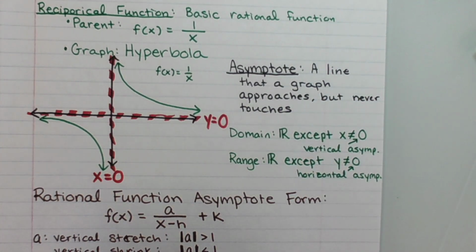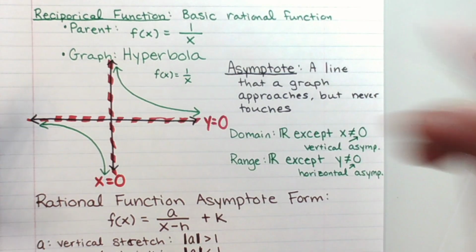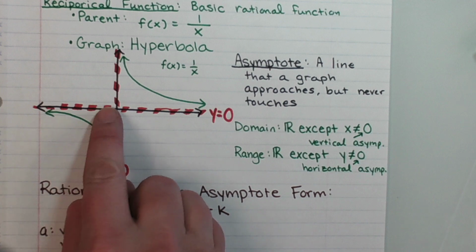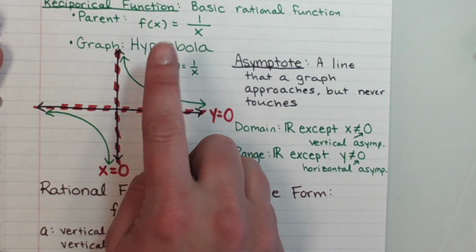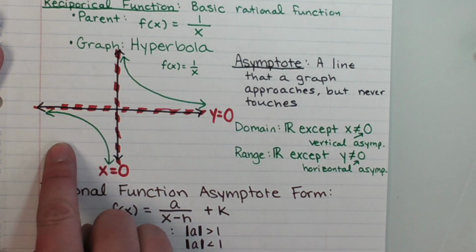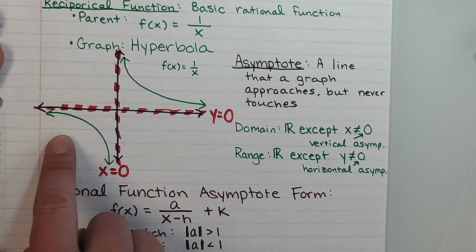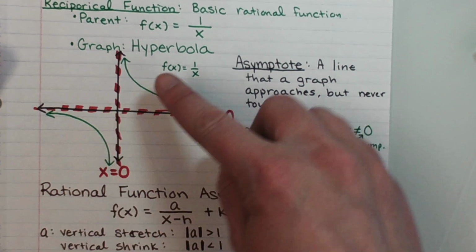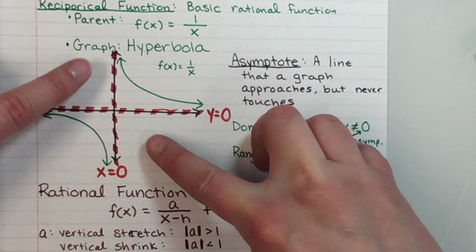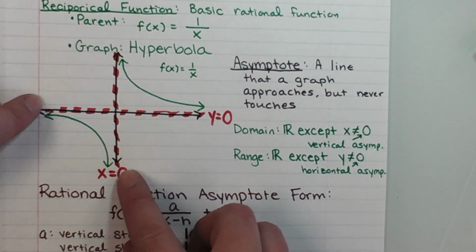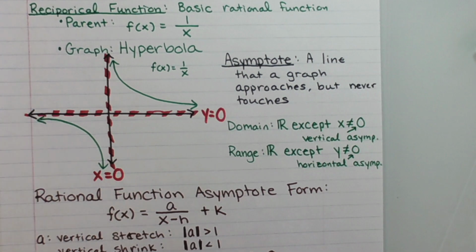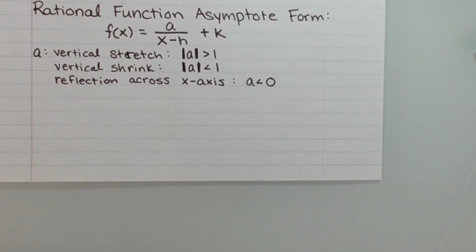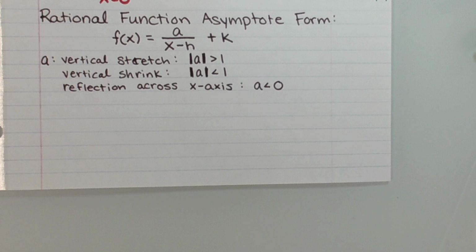Traditionally a hyperbola is going to be in quadrant 1 and quadrant 3. If you flip it over, it goes into these two regions, making that double U shape going towards one another. Okay, that's what a does.